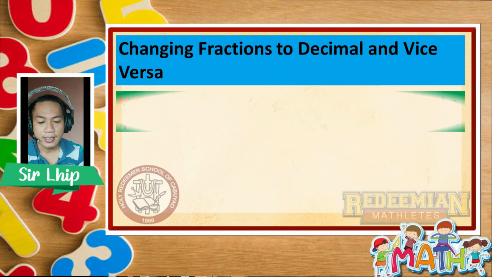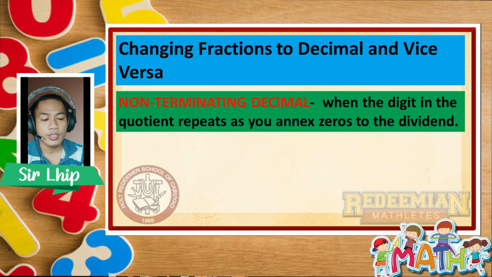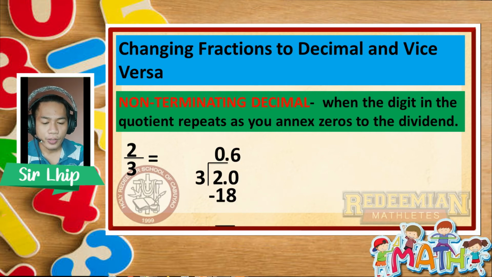Non-terminating decimals are decimals that continue endlessly. It is when the digit in the quotient repeats as you annex zeros to the dividend. Example, 2/3. 2 divided by 3 equals 0.66 or 66 hundredths, then put a bar above the number in the quotient if it is continuous.